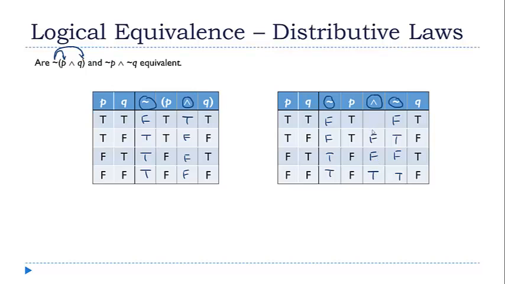Everybody else has at least one F. Remember, I'm looking at these columns, not the P and Q columns, so it's these F's that tell me this one is a false. And now if we compare the result columns here, you'll see that they are definitely not the same. As a matter of fact, they're exact opposites of each other. So we cannot say that these two statements are equivalent.